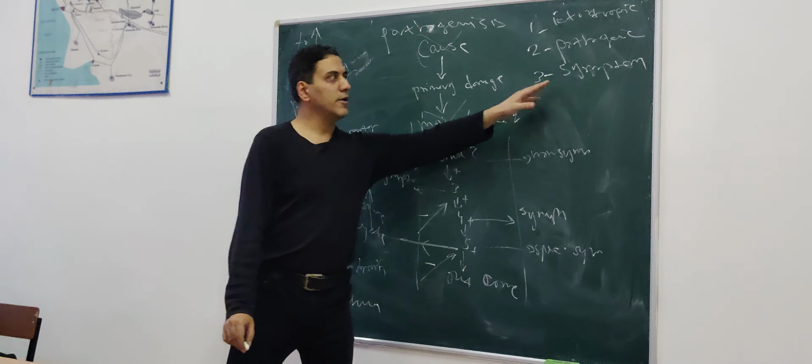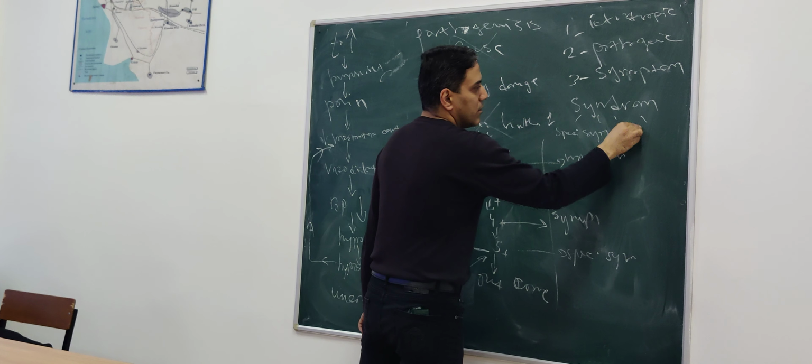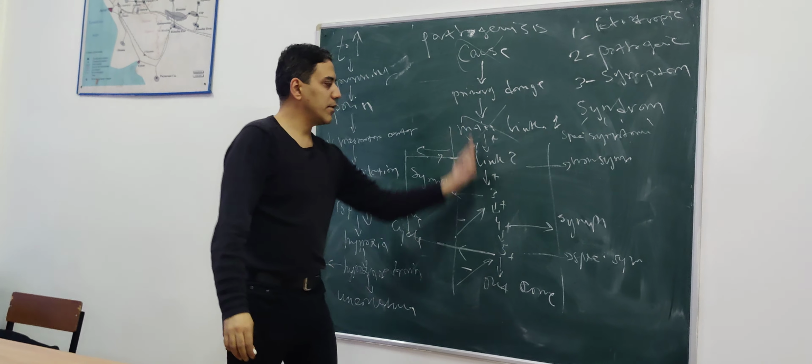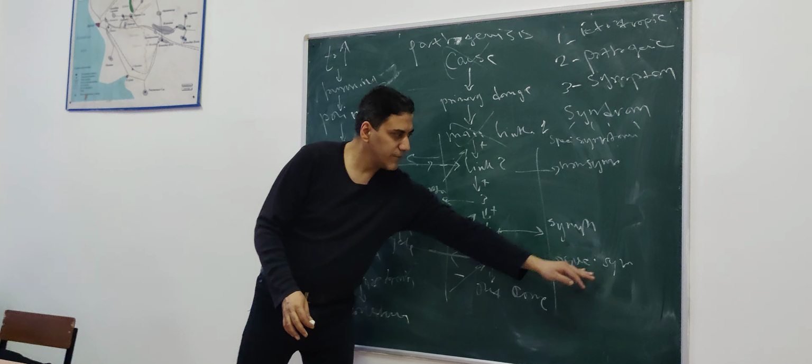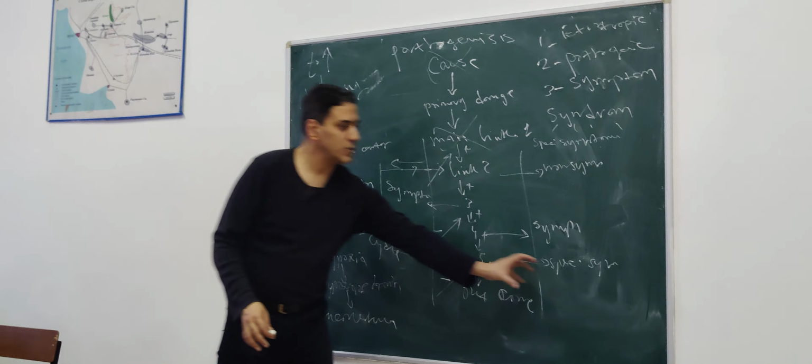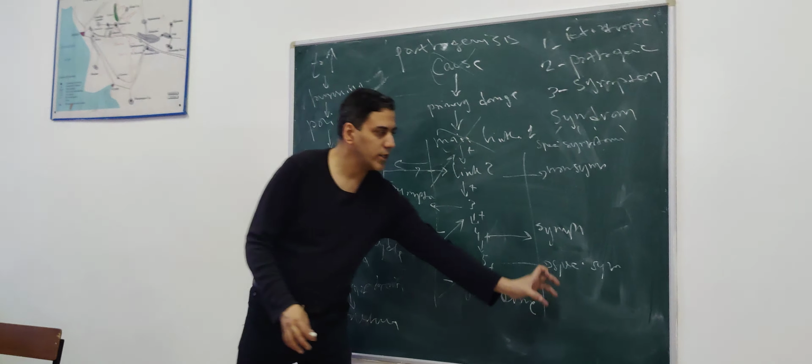And finally, what I wanted to say: what is the meaning of the word syndrome? A syndrome is a combination of different specific symptoms, and they are coming from one pathogenesis. When we separate specific symptoms from one pathogenesis, we can combine them under one name, syndrome.